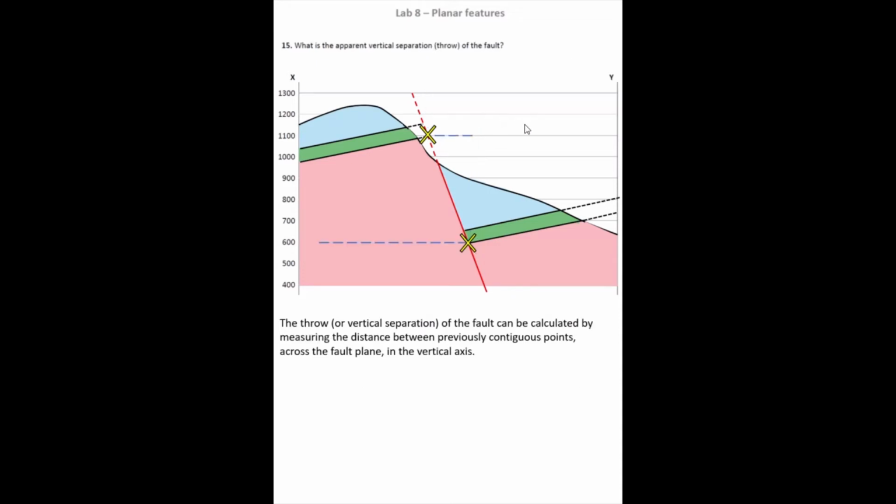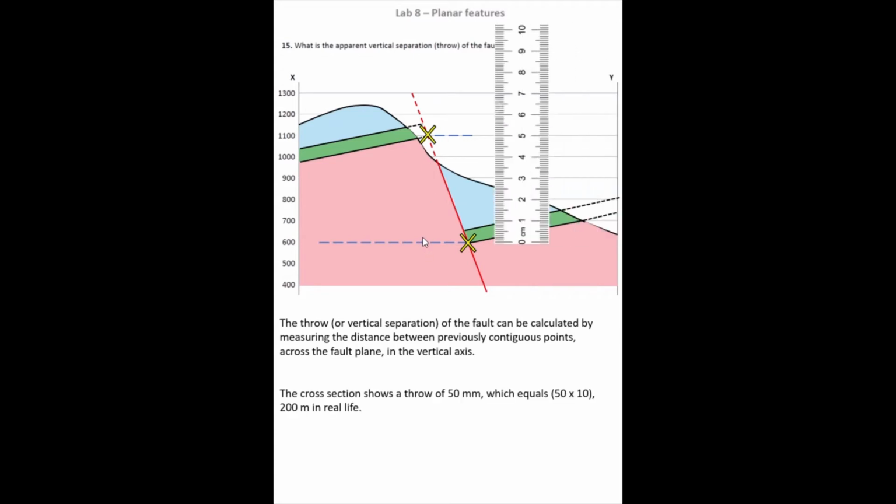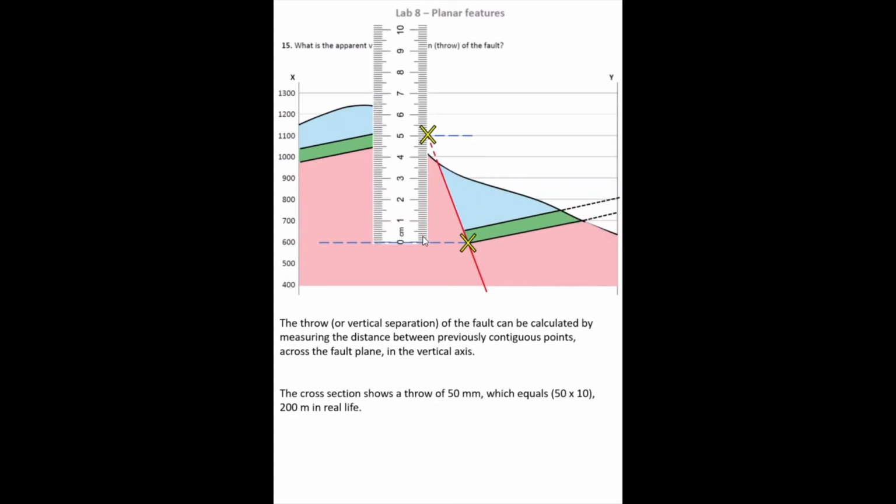And then the throw, or the vertical separation, is the distance just along the vertical axis between two formerly continuous points. So in the vertical axis between those 2 points, that distance is equal to 50 millimeters. So that 50 millimeters multiplied by the scale factor says that the throw in the fault is 200 meters.